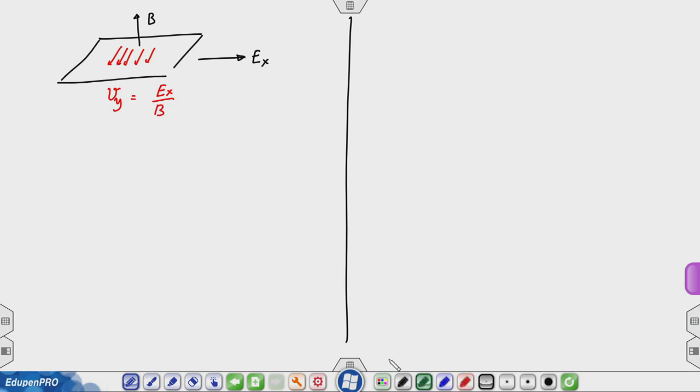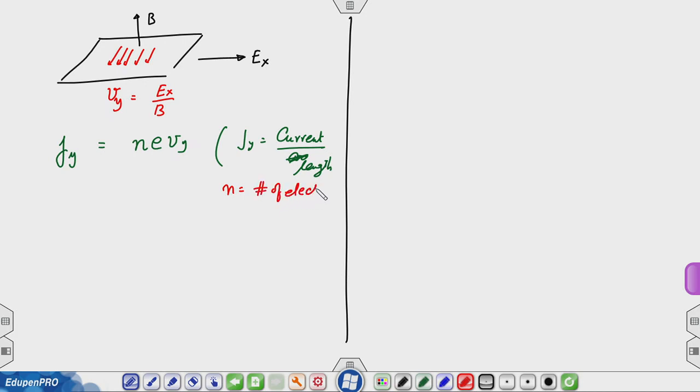and therefore, the current in the y direction, I am not worrying about the sign, is going to be equal to the number of electrons, charge on each electron, v y, and since this is a surface current, J y is current per unit length, and n is the number of electrons per unit area.